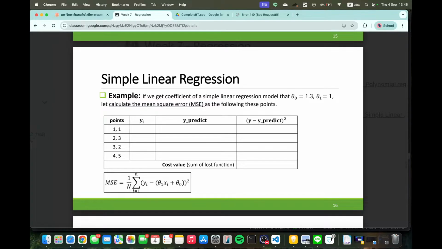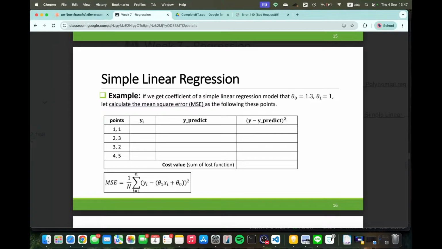This one, 2 minus 4.3, right, squared. 5.29.